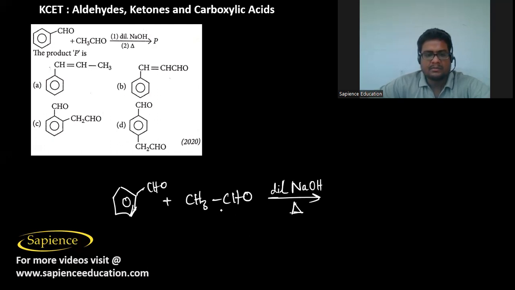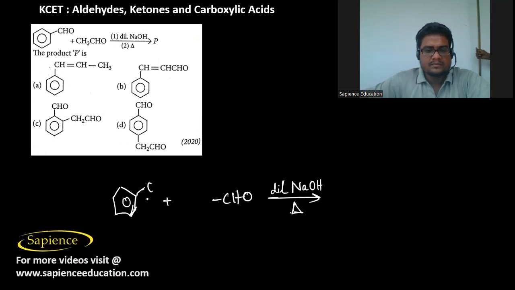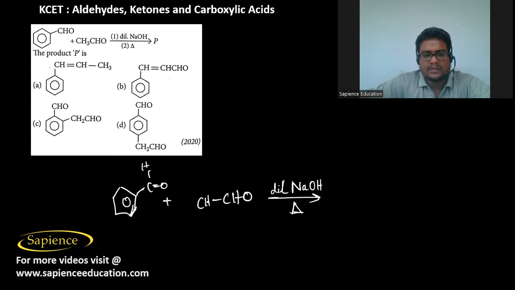So here what will happen is that here we have the CO group, here we have CH2, here we have CHO, and here we have CH and H2. This oxygen will combine with H2 to form H2O, and one alkene will be formed.